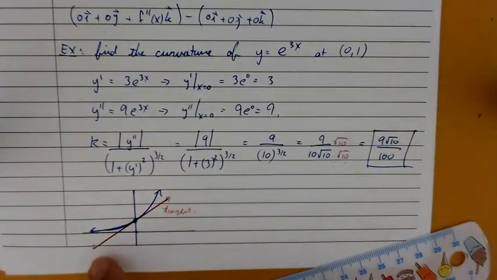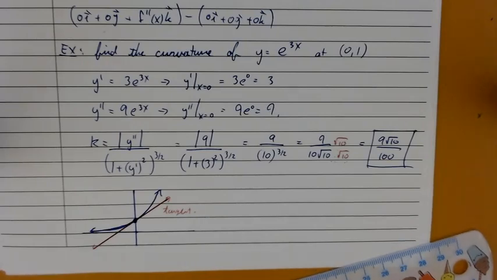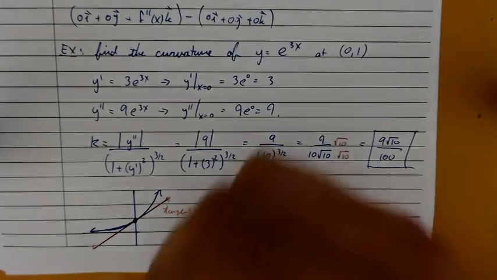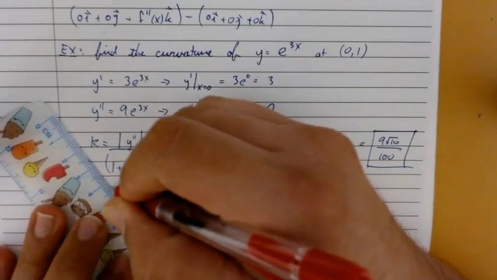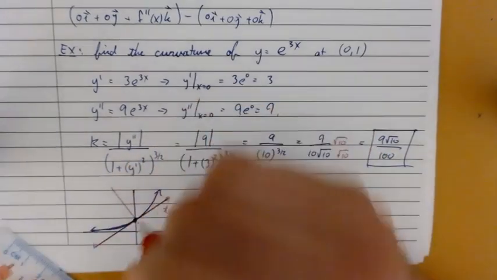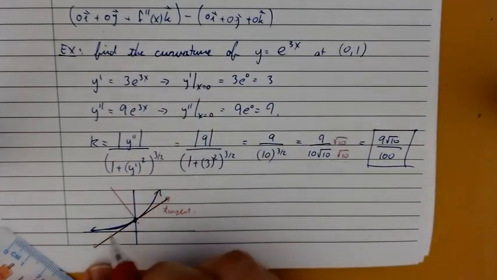There exists some circle that has this line as its tangent. That circle will have a radius. K is the reciprocal of that radius. Here, there is some circle who will have the same tangent at this point as this curve.